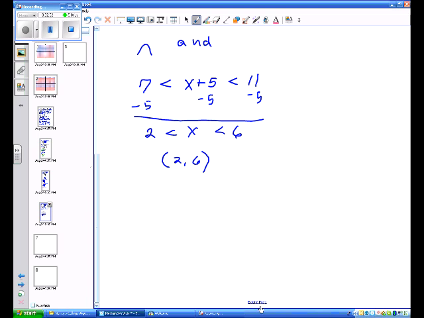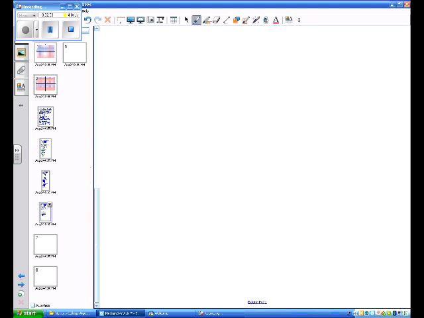We could solve another compound inequality. 3 is less than or equal to 4x minus 3, which is less than 19. Well, what we would do here to solve to get x by itself would be to add the 3. So we're going to add 3, but we're going to add it to all three parts.